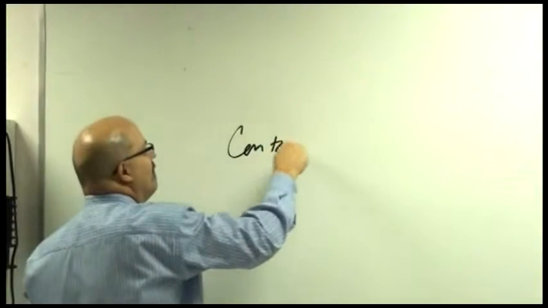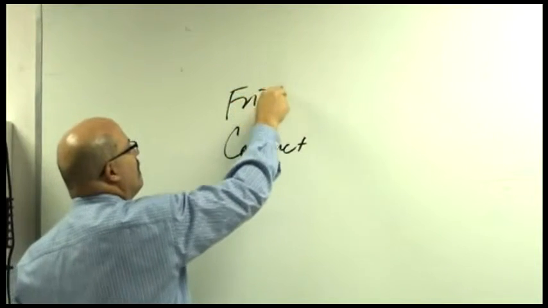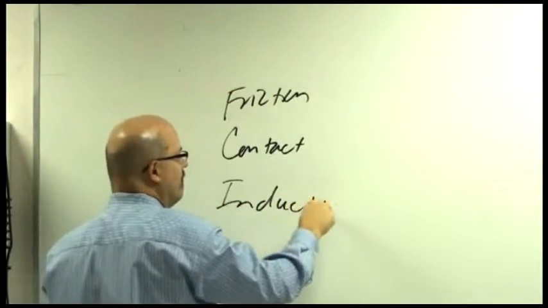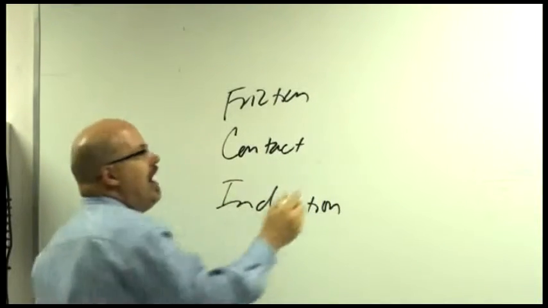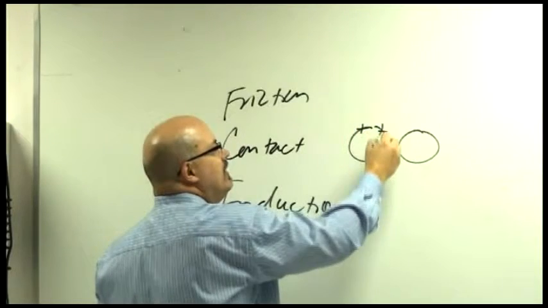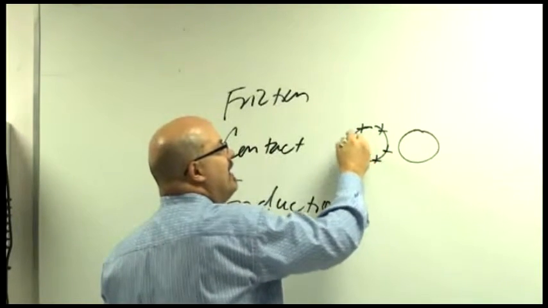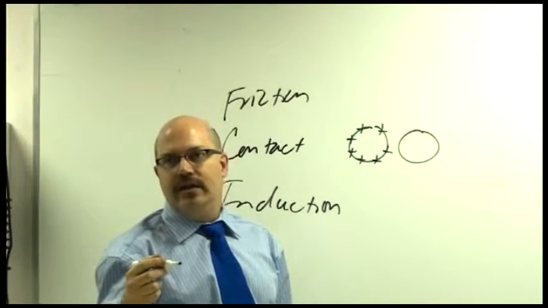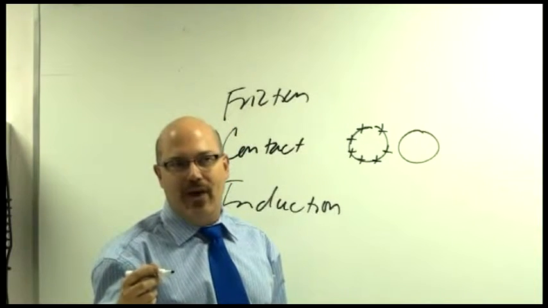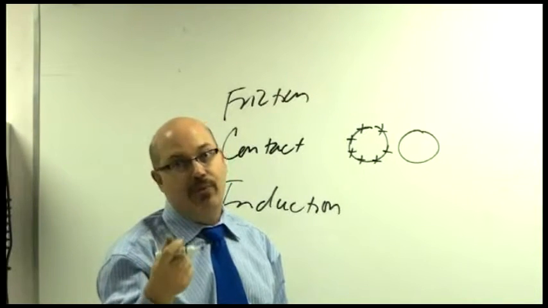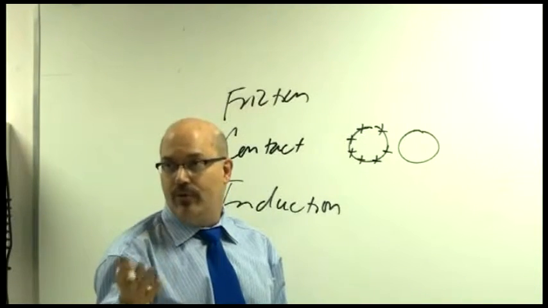Friction, contact, induction. Okay, we got friction. Contact is when you have two objects and you physically touch them or provide a conducting path between them. Like for instance, contact between a cloud and the ground during a lightning storm. There's a conducting path that appears, called a lightning bolt, right?